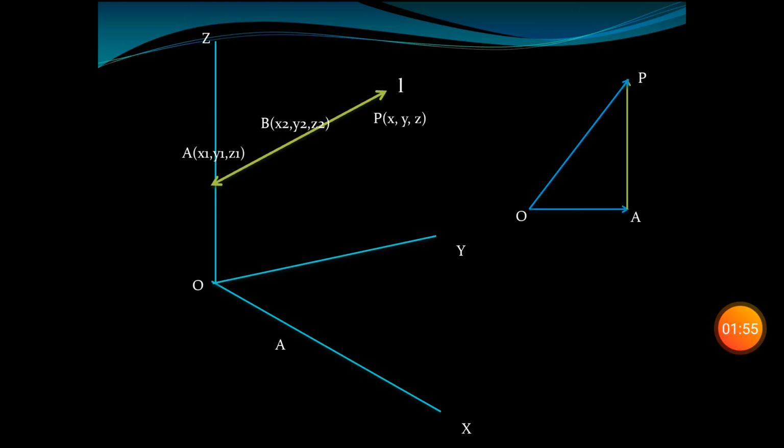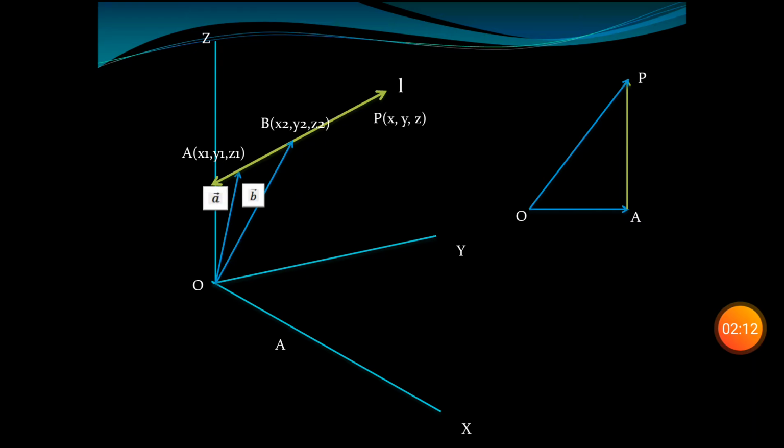We join point B with O, so that is the position vector OB, and we call this B vector. Now we join point A with O and call this vector A vector.